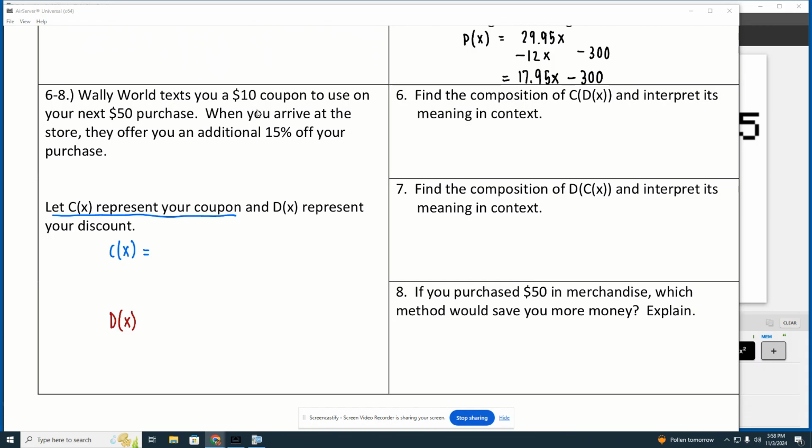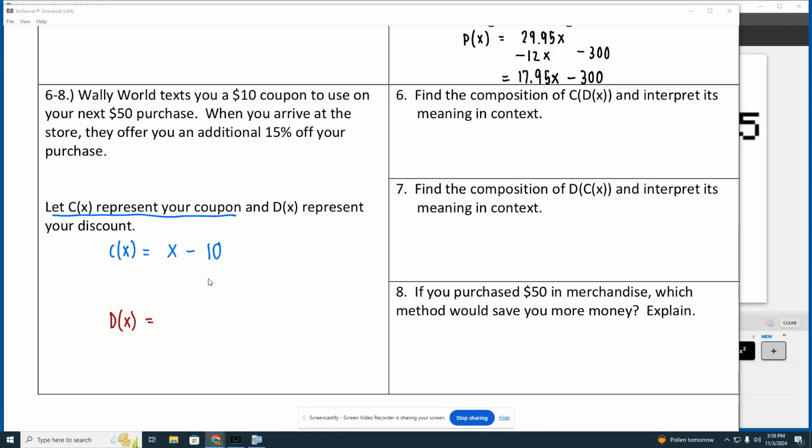Whatever I purchase at Wally World, whatever the entry is that comes in, when I take the cost of that, which we're just going to call X, and it has to be whatever it is, it says a $50 purchase, which really doesn't have anything to do with this until the very end. We are going to subtract. Think about it. If it was a $50 purchase, what would I do with that coupon? Well, I would just subtract $10 from it. So it's just whatever your cost is minus 10.